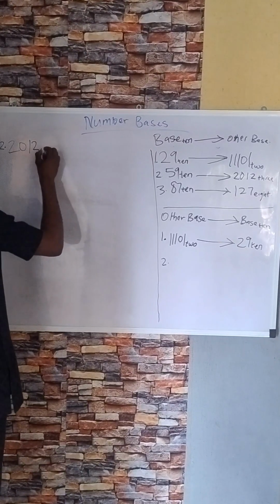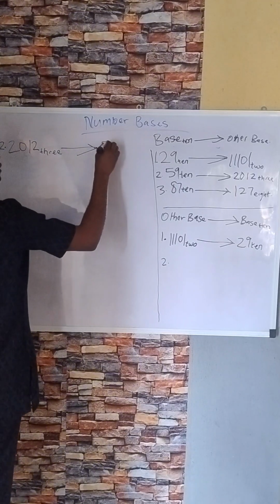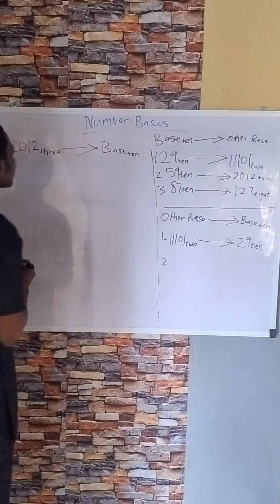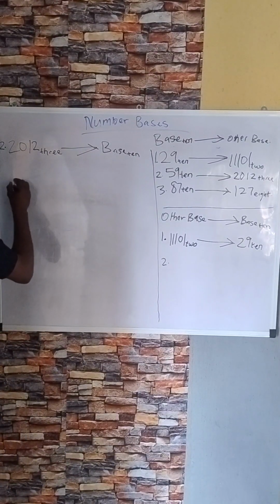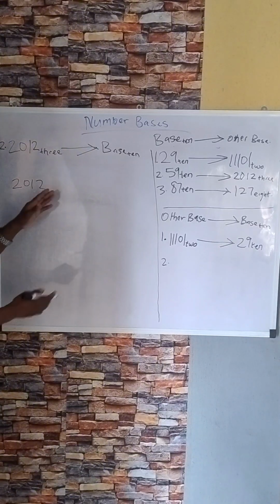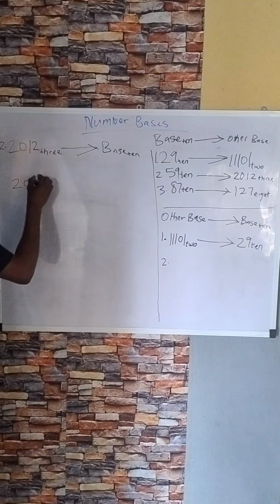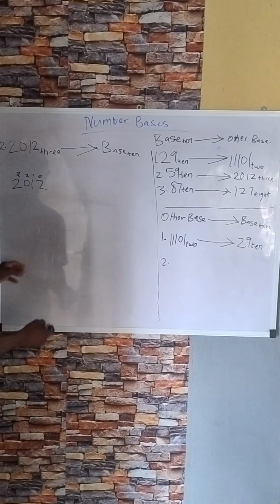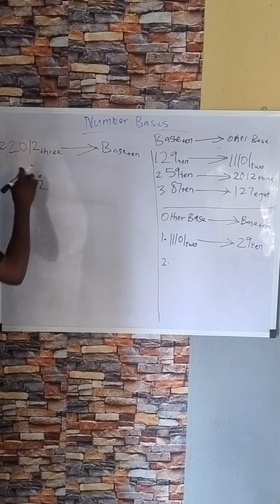Just like we said before, write out your equation: 2, 0, 1, 2. Now number them from right hand side to the left hand side, starting from 0. 0, 1, 2, 3. When you've done that, multiply by the base and then add this as the power.